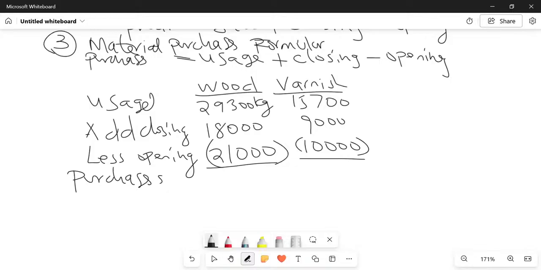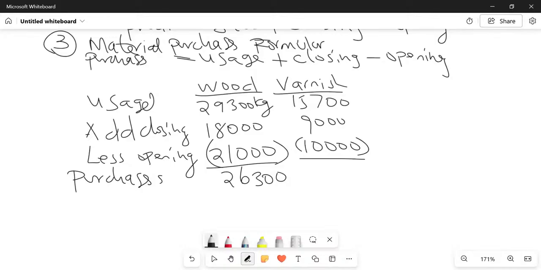So I'm being given figures here. 26,300. Ken gives me that wood is 26,300. How about varnish? So varnish, what do we have here for varnish?